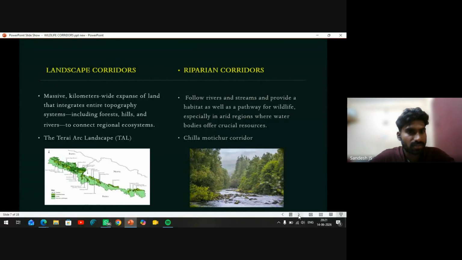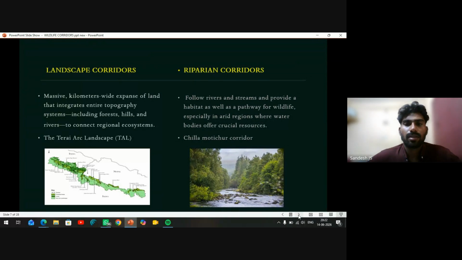The best example is the Kerry Arc landscape, in the foothills of the Himalayas, which connects the protected areas of Ranthambore, Dudhwa, and Corbett. It is also a transnational corridor which shares a border with Nepal. We will discuss more about this in the coming slides.